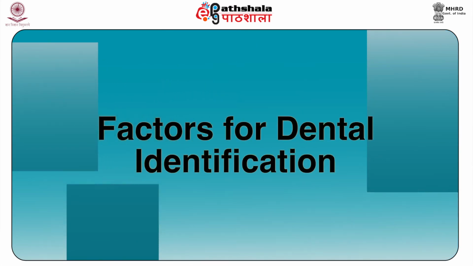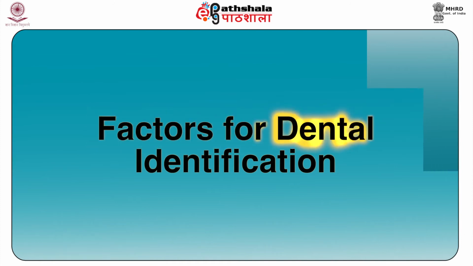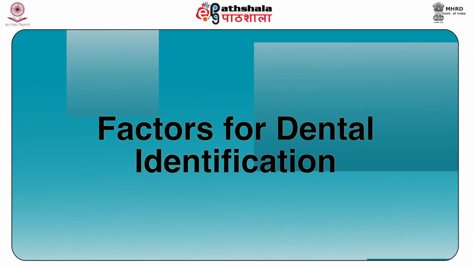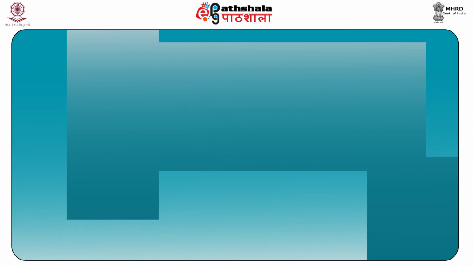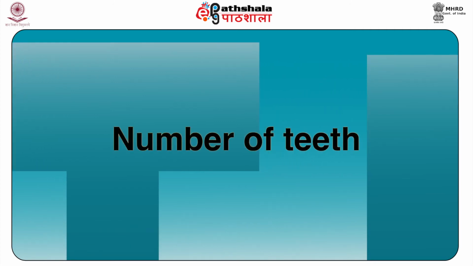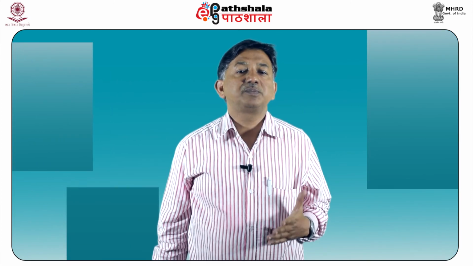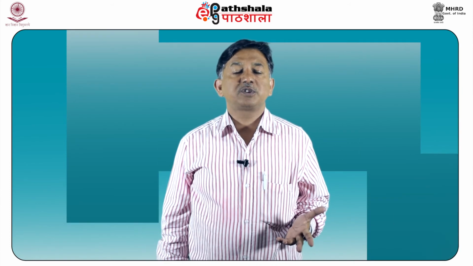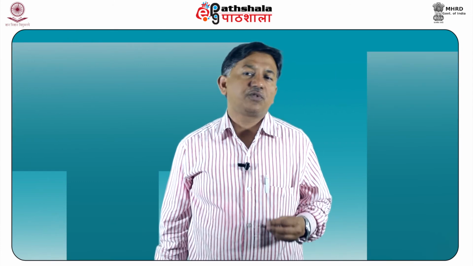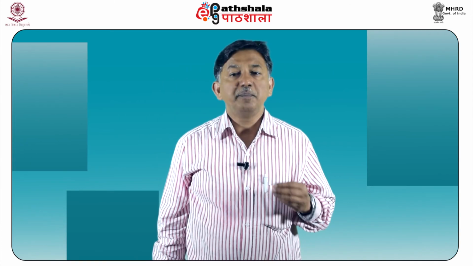Now coming on to the factors for dental identification. What are the factors which help in dental identification? The first one is the number of teeth. The assessment of teeth in the mouth should include those that are present and missing. The number of possibilities that exist for the combination of teeth missing or present may well be enough to obtain a positive identification.